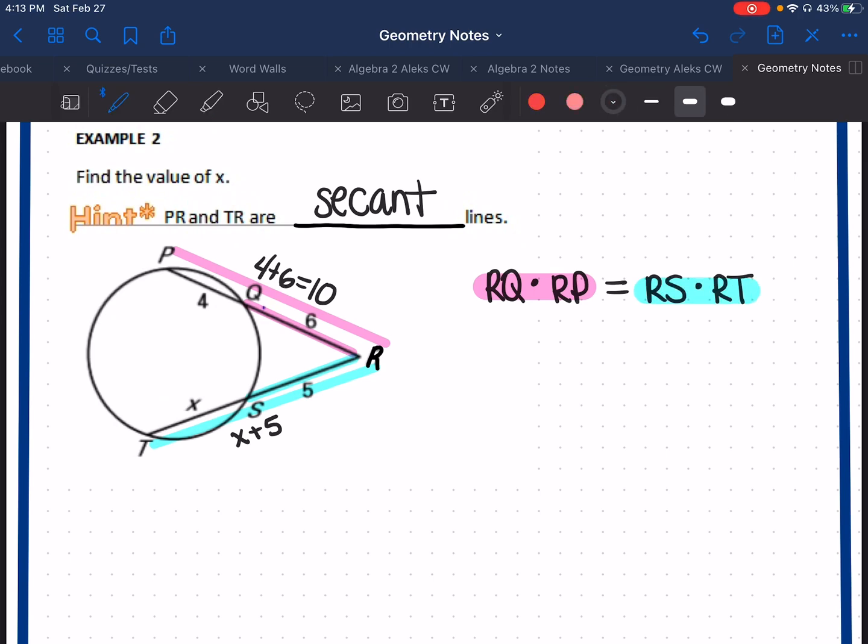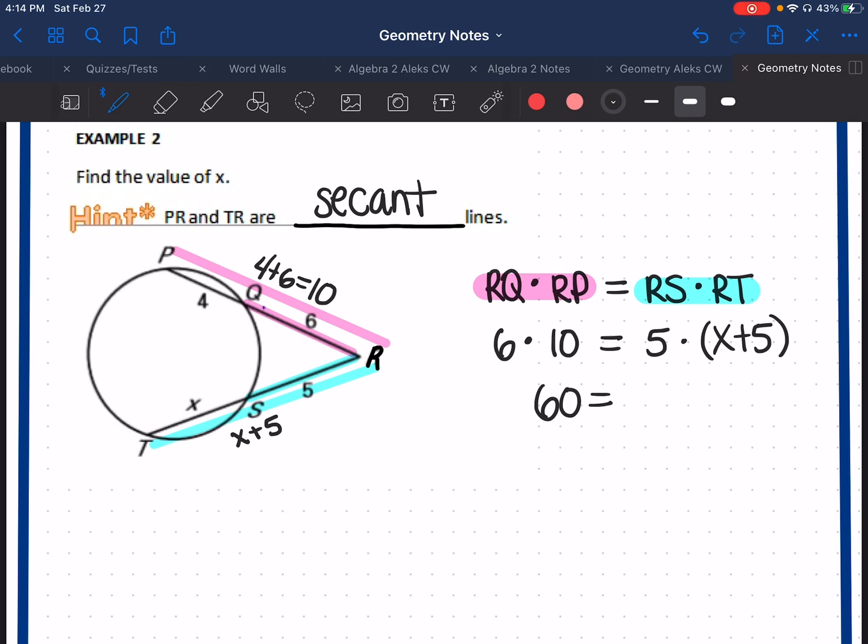All right, let's go ahead and just plug in. So RQ is 6 times RP, which we said was 10. RS is 5 times RT, which we said is X plus 5. 6 times 10 is 60.